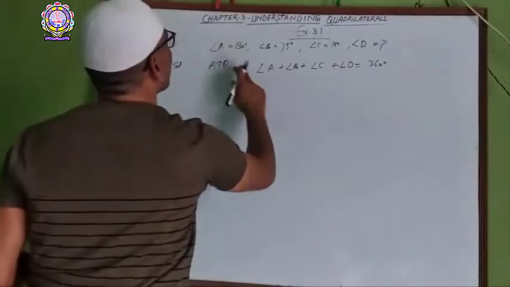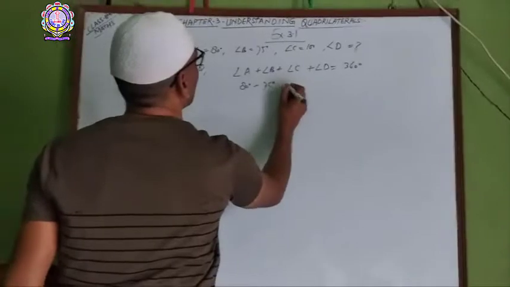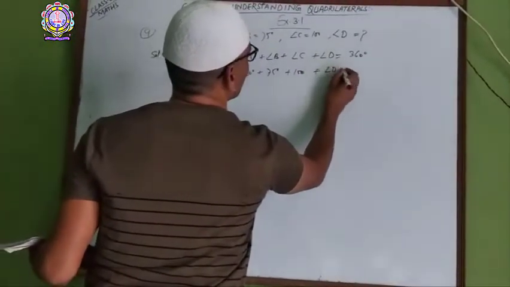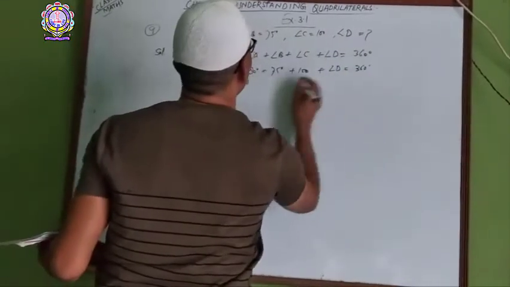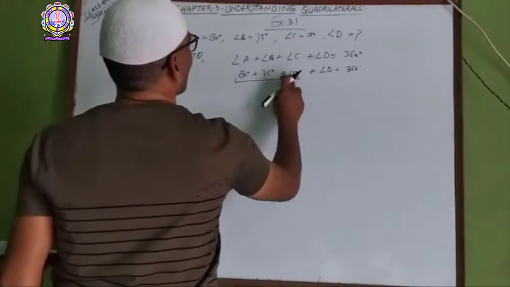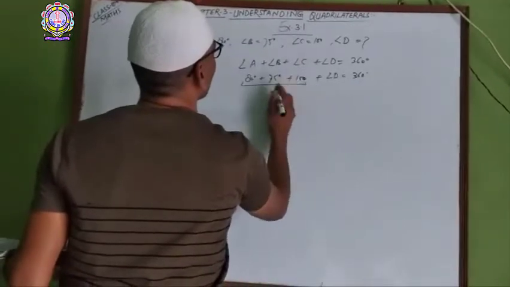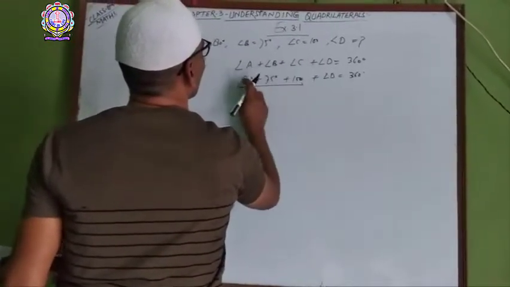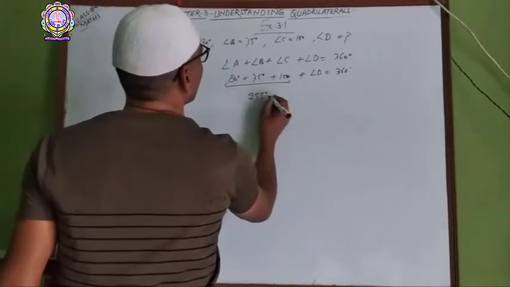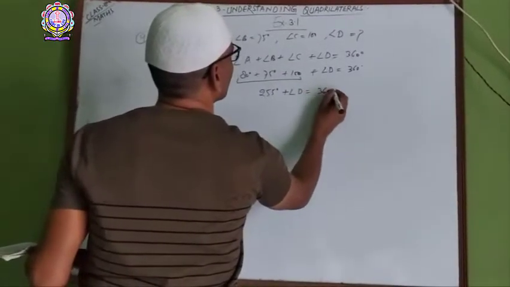Okay. Value of A, 80 degrees, plus value of B, 75 degrees, plus value of C, 100 degrees, plus angle D is equal to 360. Now sum these three numbers, 180 and 255. 255 plus angle D is equal to 360.